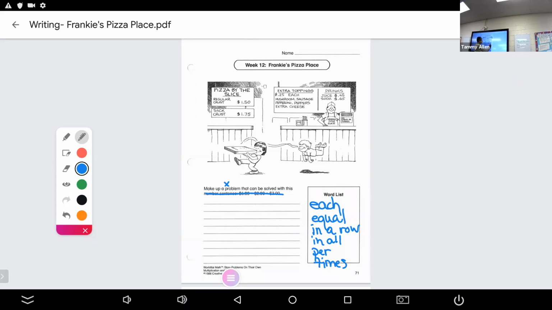So at least 2 words from here, and you can use 1 word from the signage. Does that make sense? For a total of 3? Questions on that? Okay. All right.